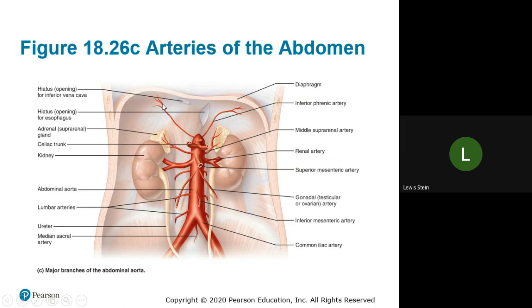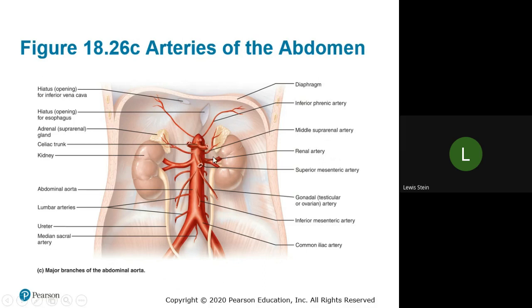It's like we learned about the phrenic nerve, taking care of the diaphragm from the cervical plexus. So the first thing we see after the inferior phrenics is the celiac trunk and the three vessels. Then the suprarenal means above the kidney. What's above the kidney? The adrenal glands.